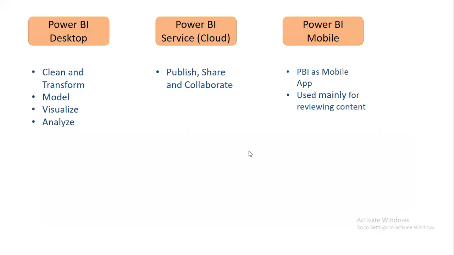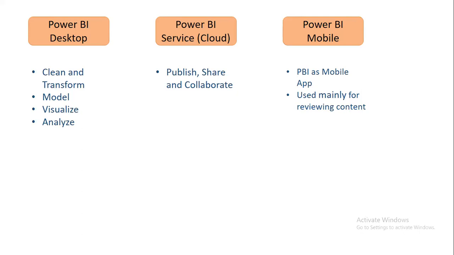Let me try to explain what happens in these different components of Power BI. First of all, in Power BI Desktop, we can clean and transform the data. Apart from doing the ETL in other applications like Informatica or Azure-based services, we can do the cleaning and transformation in Power BI as well.